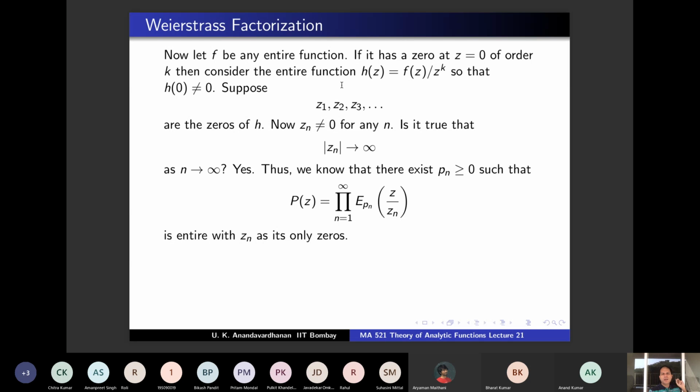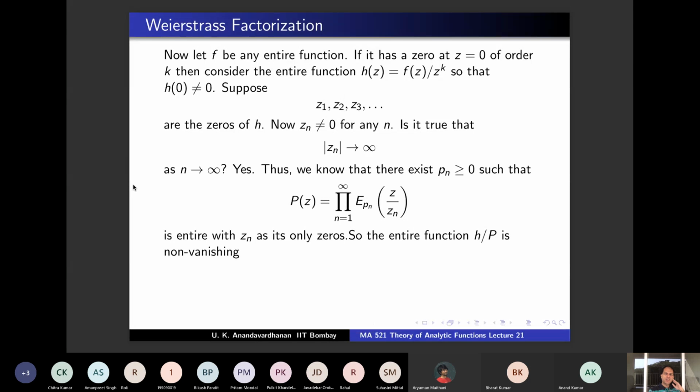So if the function has only finitely many zeros, then you will get a finite product, so you don't need to do this analysis. Even then this statement is true. So whether the z_n are finite or infinite, this is entire with z_n as its only zeros.